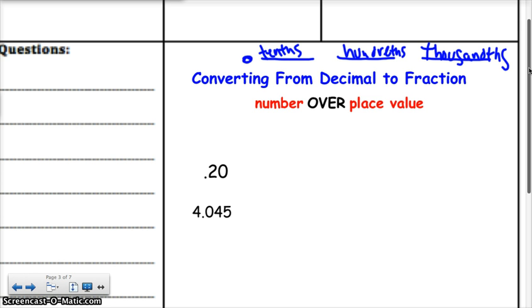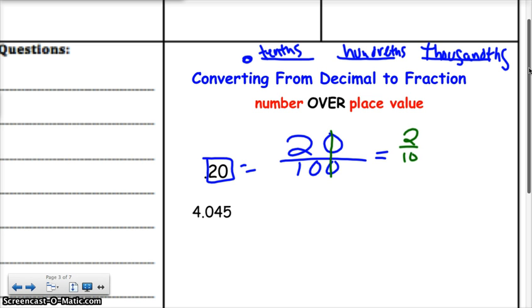So 0.20, well my number is 20, so I would turn that into 20 over my place value, which is hundredths, 20 over 100. I can simplify that. I can cross out those common zeros to help my simplification a little bit more. And I actually get 2 over 10, which is 1/5.